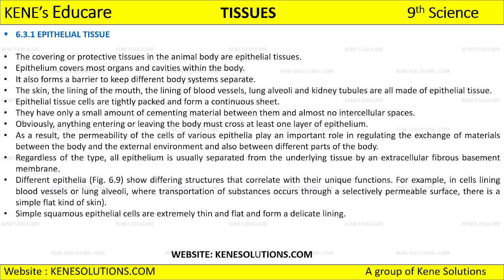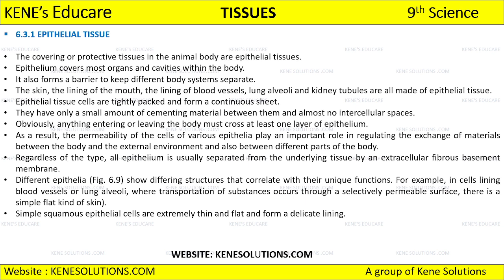And obviously anything entering or leaving the body must cross at least one layer of epithelium, and as a result the permeability of the cells of various epithelia plays a very important role in regulating the exchange of material between the body and the external environment. Now you know there are many microbes which are entering your body, right?